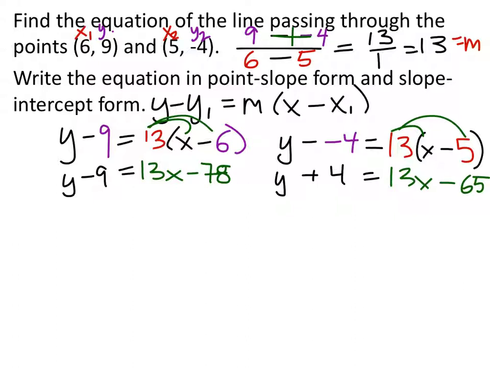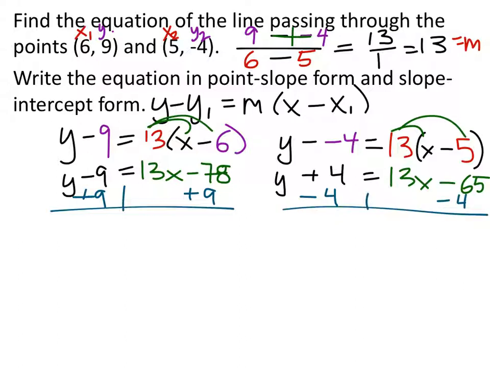All right, well, I want it to be y equals mx plus b, so I can't have y minus 9. And we've seen that before, right? We've got to get rid of this 9. So I'm going to add 9 to both sides of that equation. And over here, I'm going to have to subtract 4 from both sides of this equation. All right, so what do we get out of this? This zeroes out, so I've just got my y.